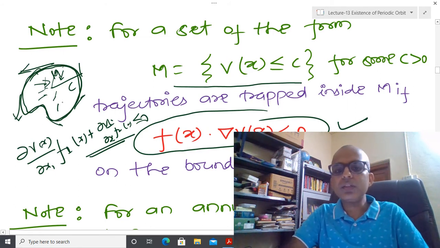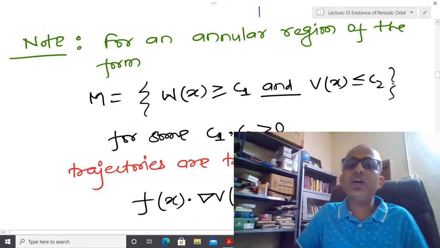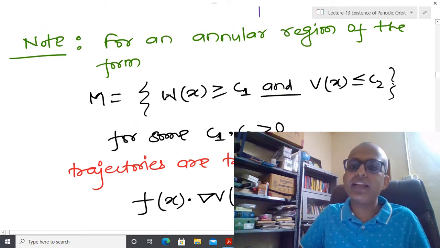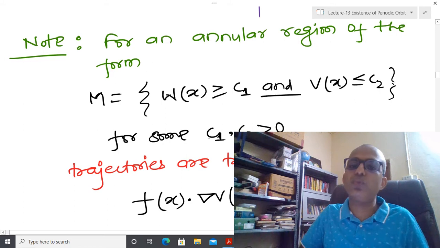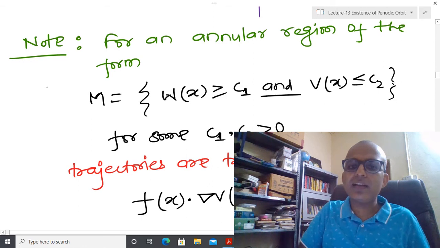Okay, now based on this I can understand something more, because the Poincaré-Bendixson theorem talks about two cases. In one case, I might have a stable equilibrium point, and I can check that by calculating the Jacobian.